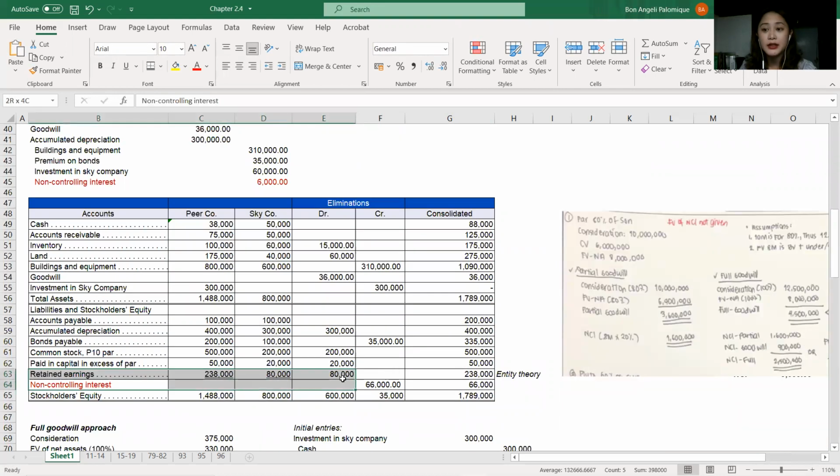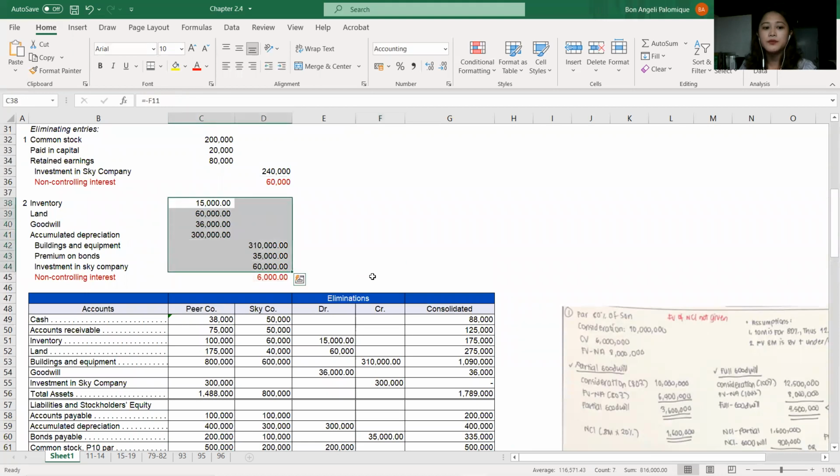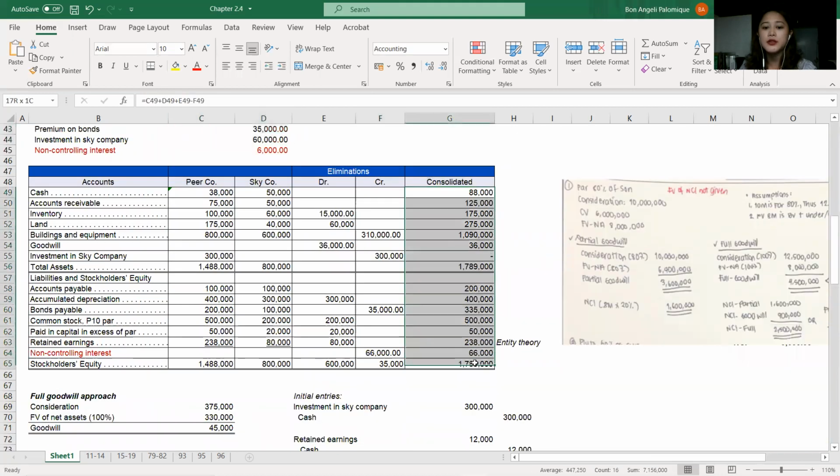So mag-a-add ka na dito kapag hindi binili ng buo or merong NCI, kailangan part na rin siya ng equity mo. Tandaan na, dito siya sa equity part, 66,000, which is 60 plus 6. Then plot mo itong mga to. So we'll come up with the consolidated balance of 1,789 total assets and total liabilities and equity.